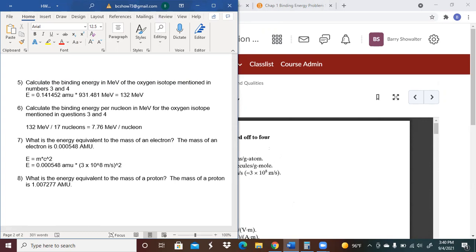Now, we know how many AMU that is. The question is, what other units are we going to need in order to be able to compute energy? Do we have a conversion here for AMU into, say, joules, or for that matter, how many MeV or keV that might end up being?